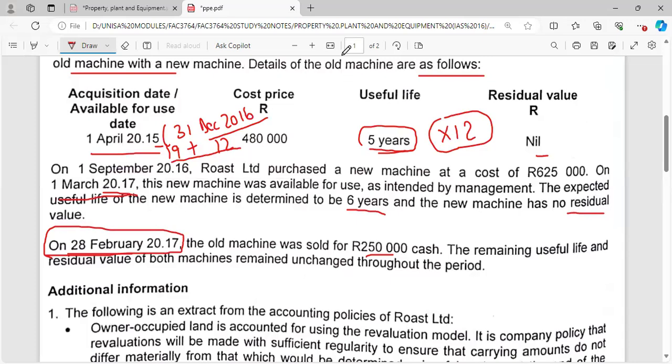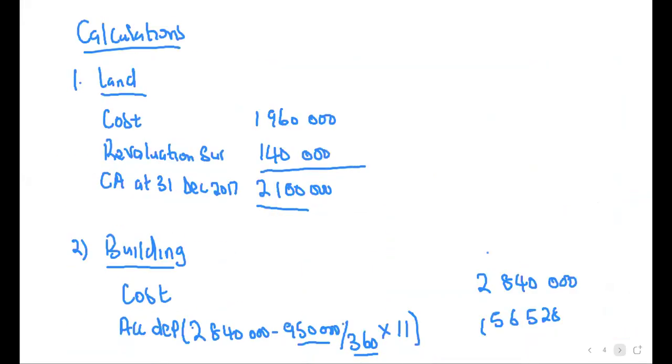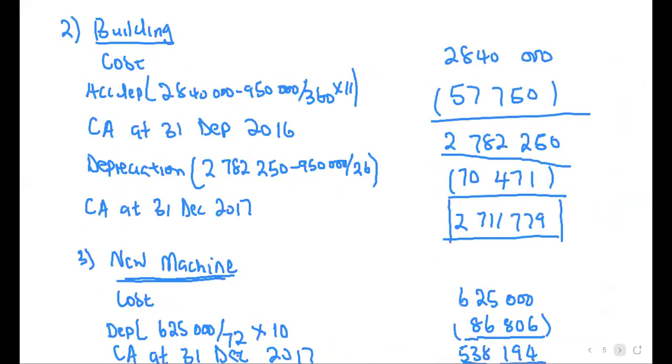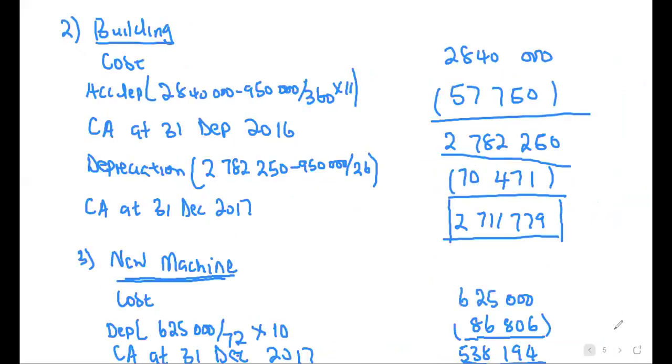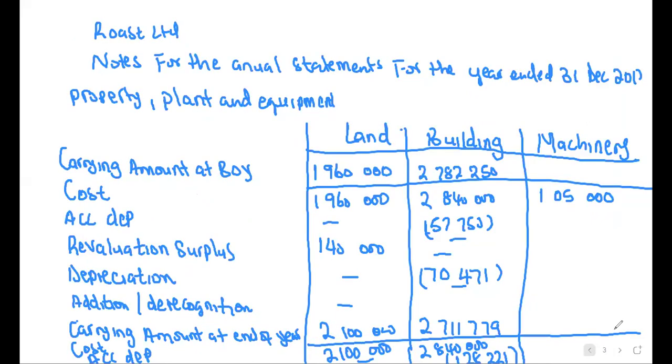Which means we only take into account the depreciation of the old machine at the beginning of the year, which is 168,000. We take this at the beginning of the year, 168,000. So that is going to be our depreciation. 168,000. Are we together, you guys, on this?